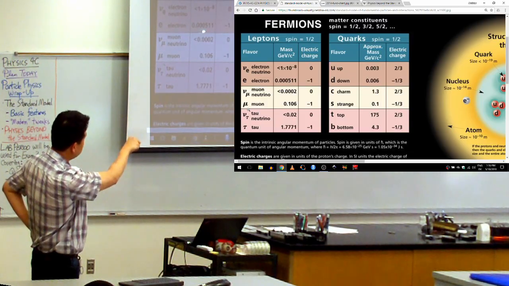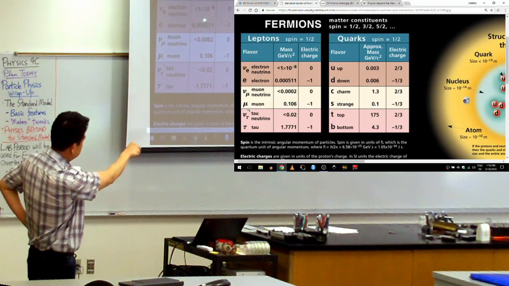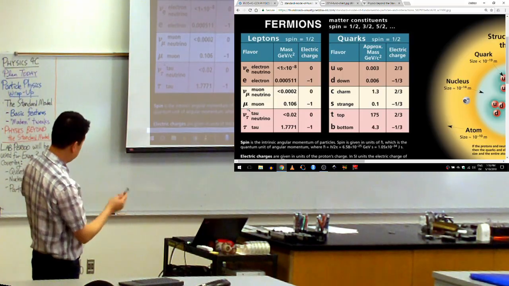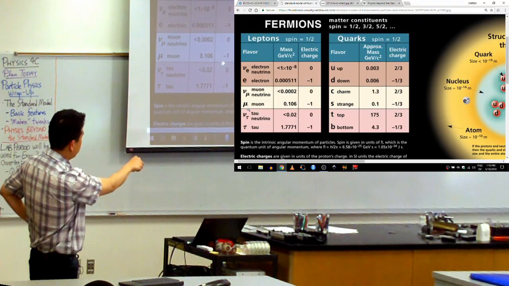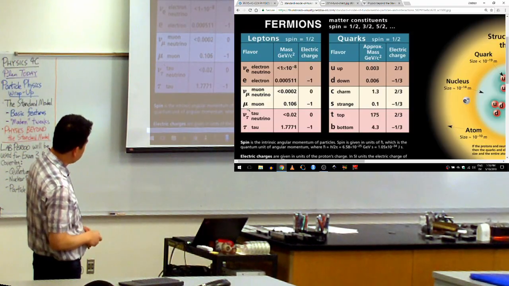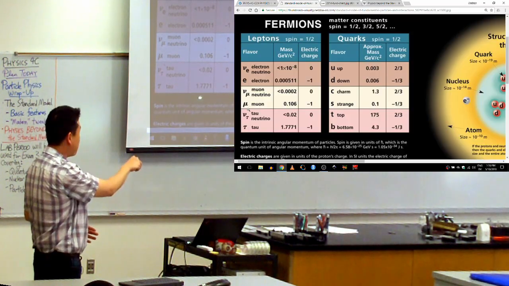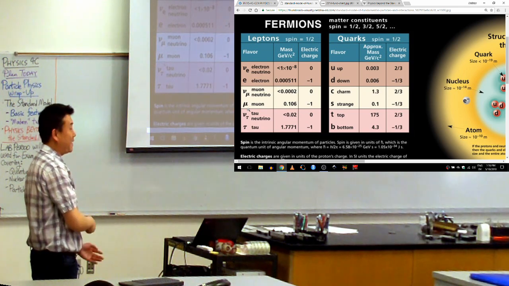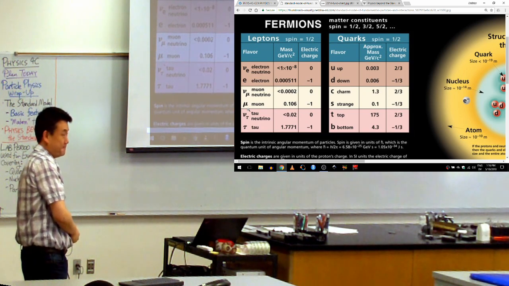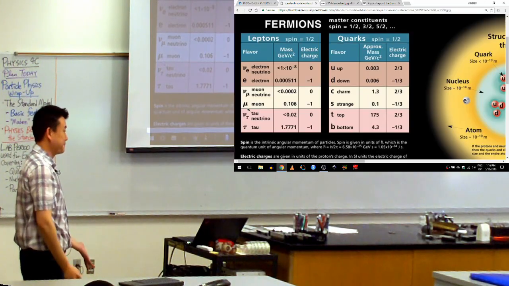This is in GeV per c squared, so this is the digit for MeV. The electron is about half an MeV. Good. You know the muon is about 100 MeV. One other feature I should point out is the tau lepton, or tauon, is 1.7, 1.8, almost 2 GeV. It's almost twice as heavy as the proton.